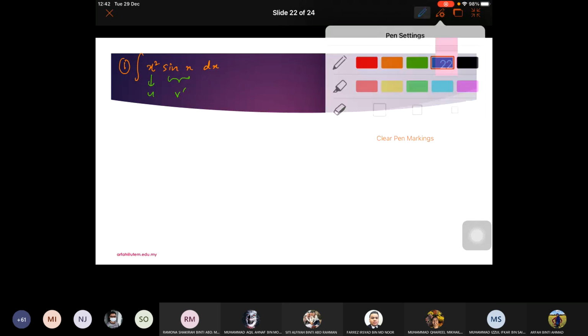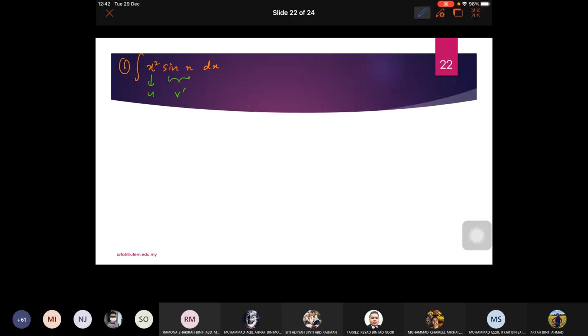So kita akan buat the table of the tabular method. Okay, so dia punya cara, first construct a table of tabular method.